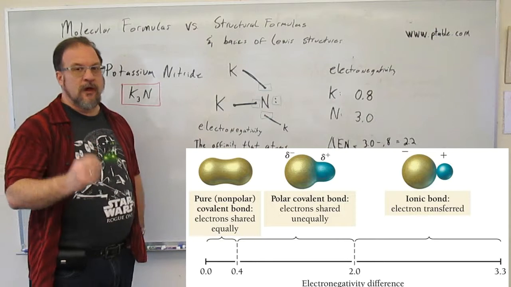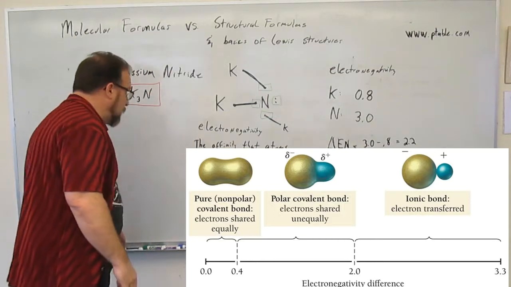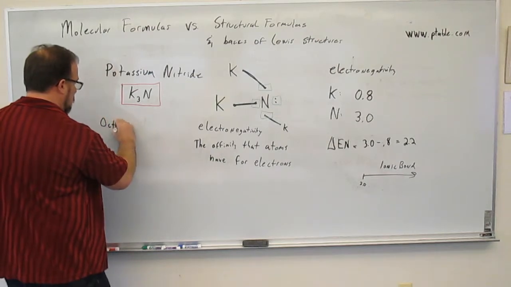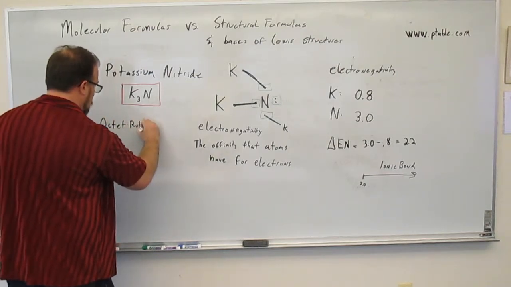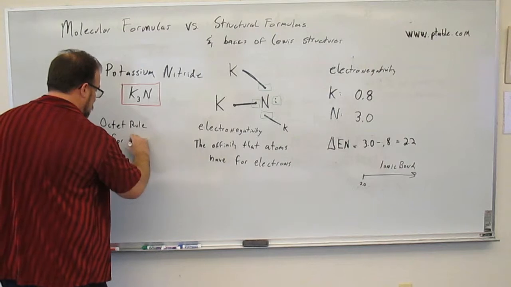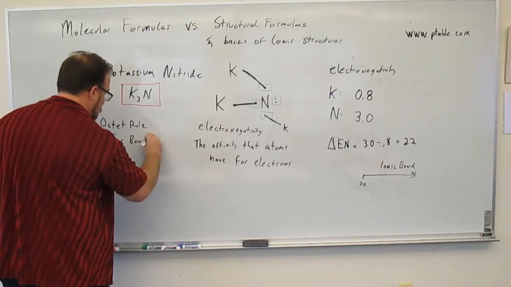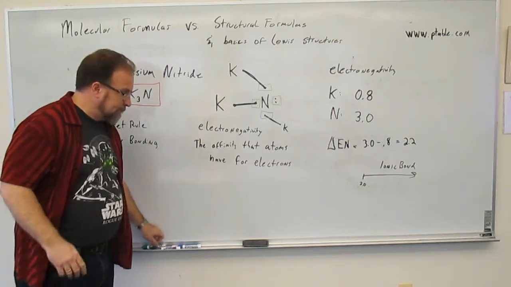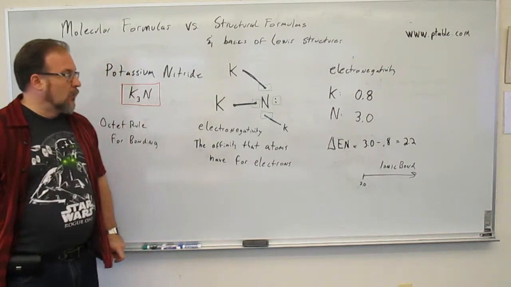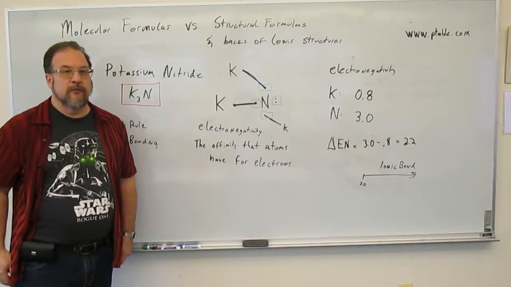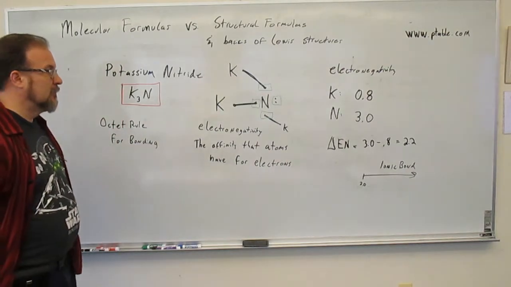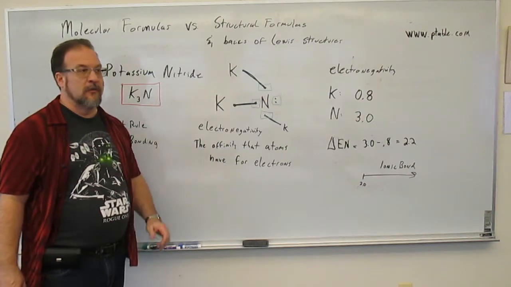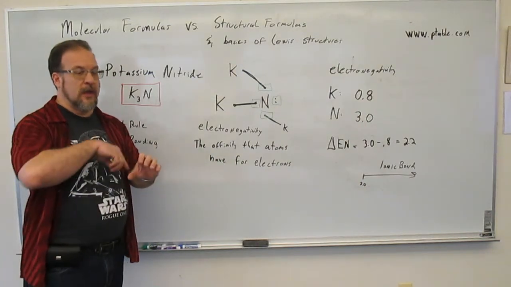There's something called the octet rule of bonding that you must know for chemistry. It basically says that all elements on the periodic table are in their happiest state when they have a full outer valence shell, and most of the time it's 8 electrons.